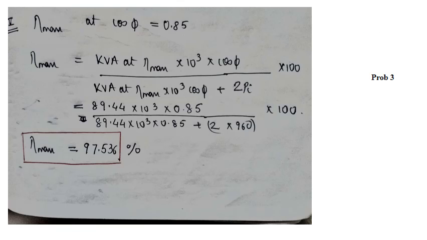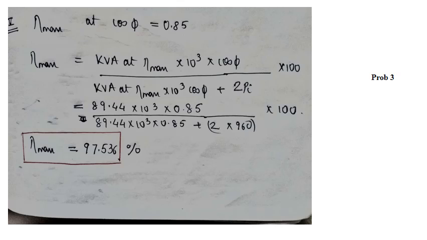Now coming to the last part of this numerical, here we have to calculate the maximum efficiency at 0.85 power factor. So the formula will be kVA at n max. Now what is this kVA at n max? The kVA that we have obtained in the previous step, that is the kVA corresponding to maximum efficiency, that was 89.44, into cos phi upon kVA into n max into cos phi plus 2 times of Pi.